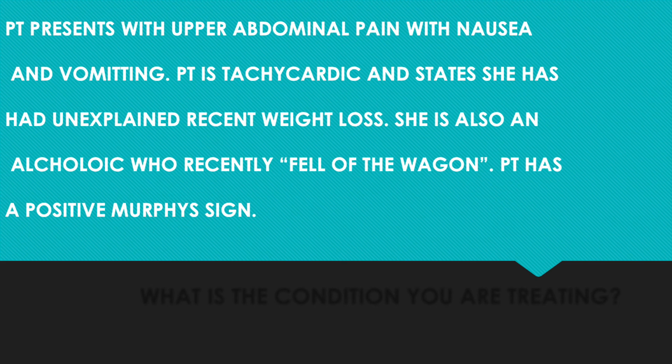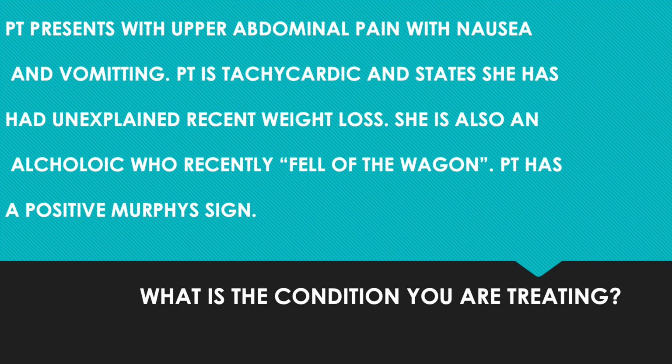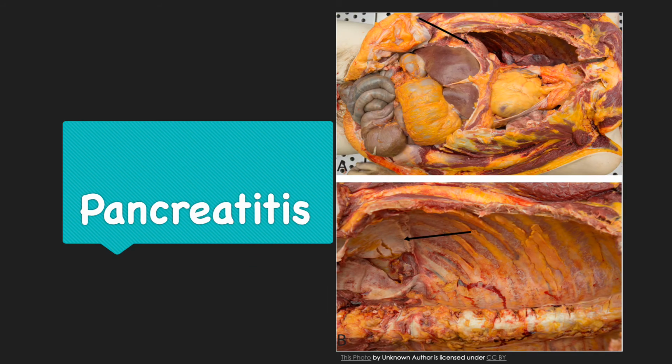If you have a patient that presents with upper abdominal pain with nausea and vomiting, patient is tachycardic and states she has unexplained recent weight loss. She is also an alcoholic who recently fell off the wagon. Patient has a positive Murphy's sign. So the condition that we are likely treating is pancreatitis.